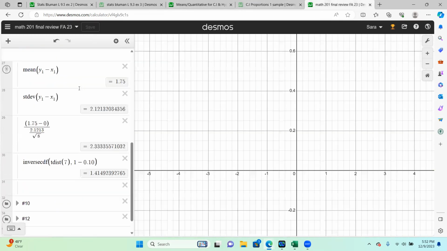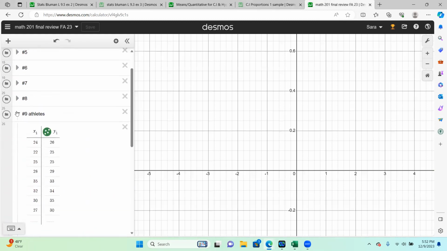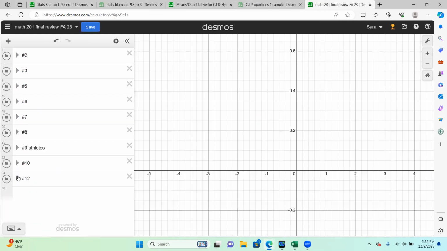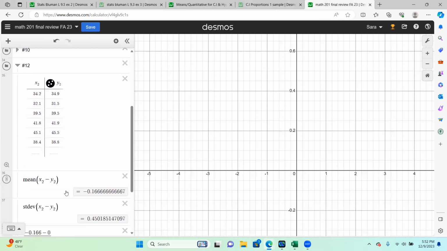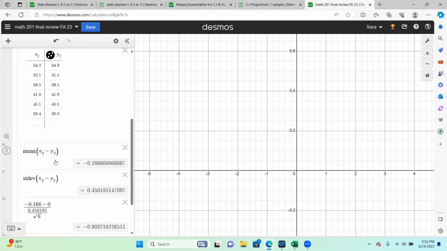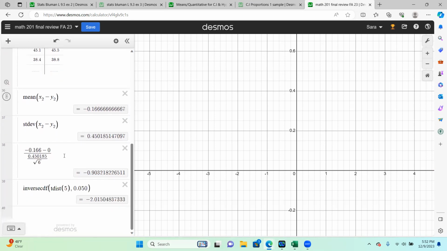And there we are. So there's my data, and I'm taking the difference of x2 minus y2. And I've got the mean differences, a negative 0.1667. And the standard deviation is 0.4502.